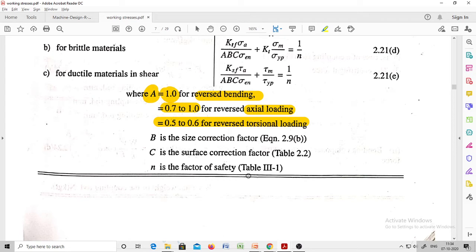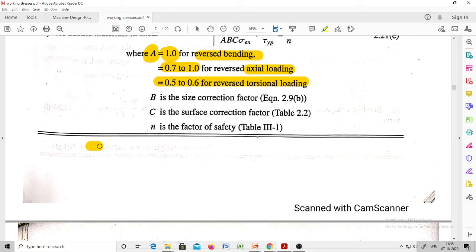Now I will show where you need to use these factors. These factors are related to the endurance strength. If you want to get the endurance strength for design purposes, let us take sigma_E,D as the design endurance stress.